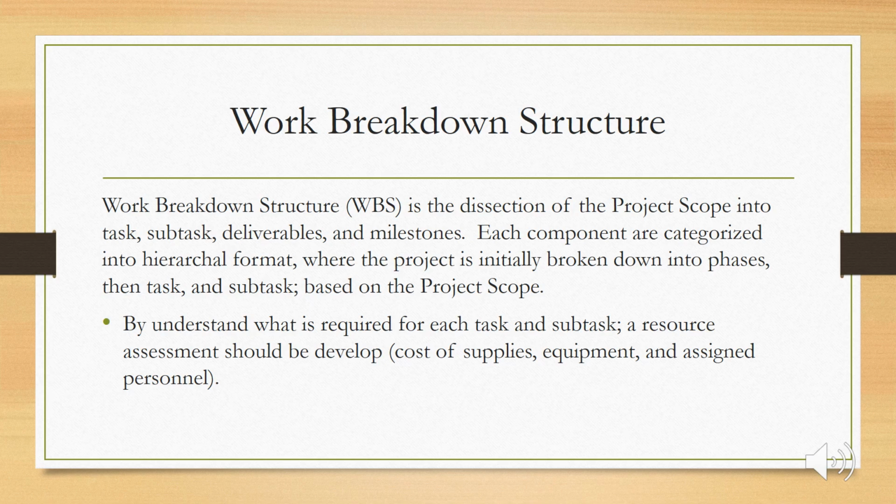Those tasks can be broken down into subtasks, and so forth, including your deliverables and milestones, which usually end a sequence of subtasks or tasks. This is based on the project scope. Through this, you can develop an initial assessment of the resources you require for supplies, equipment, and personnel.